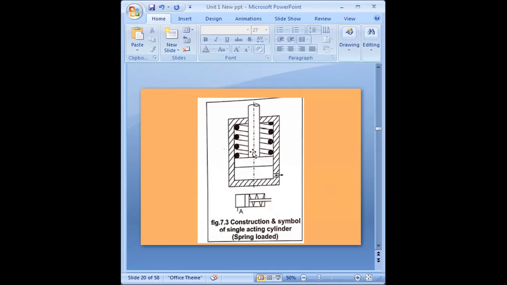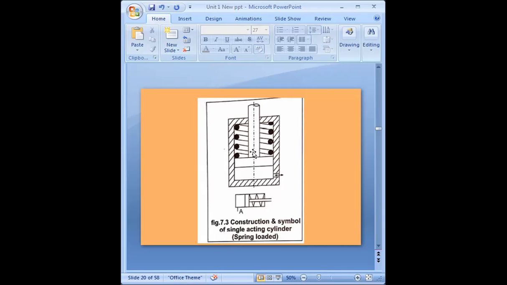This cylinder finds its application mostly in production tooling, for clamping and pushing. It is also used in automation plants, where several cylinders perform individual operations in a predetermined sequence.